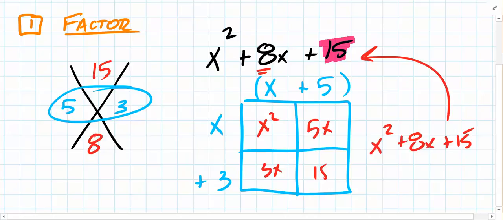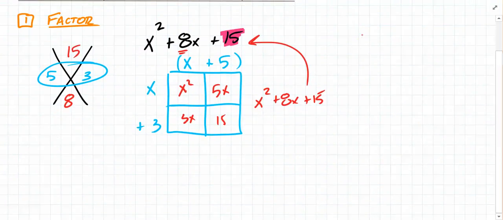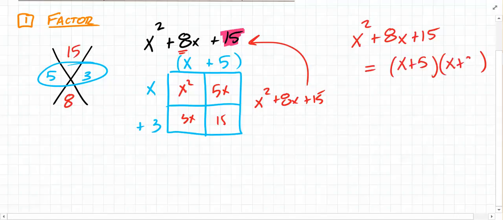Okay. So the story goes like this. If you are given a quadratic trinomial, which is what this is, it can be factored into the product of 2 binomials. And the answer to the way you factor it are the numbers on the side of the game that you play. Okay?